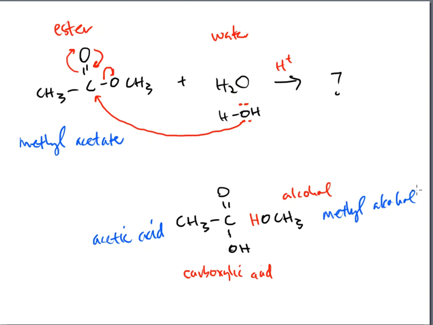So if I go through and talk about the organic, listen up, brace yourselves. We have methyl acetate that reacts with water in the presence of acid. The water serves as the nucleophile to attack the partially positive carbon of the acyl group. The partial positive carbon shoves the electrons to the more electronegative oxygen. The electronegative oxygen reforms the double bond.